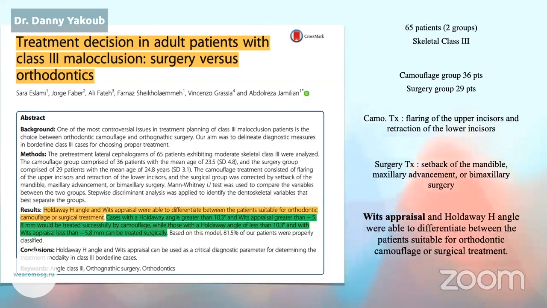These parameters were able to differentiate between the patients suitable for orthodontic treatment with camouflage or with surgical treatment. These parameters were accurate in about 81.5%. So 81.5% of these patients were properly classified according to these parameters.